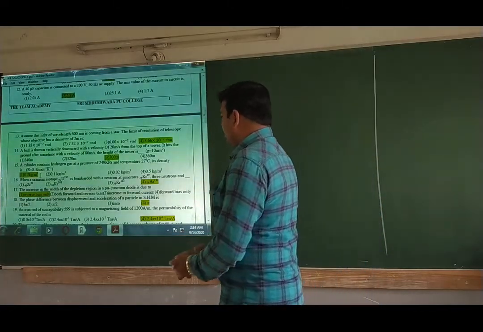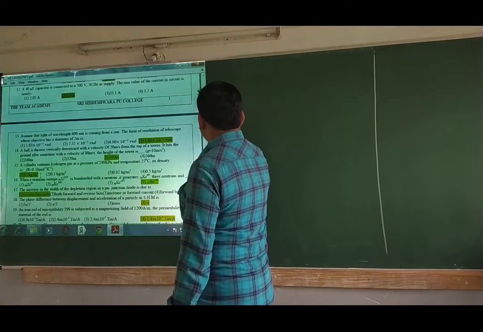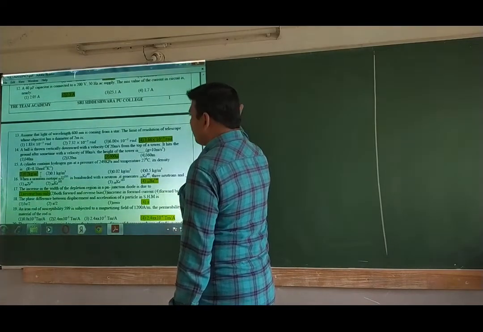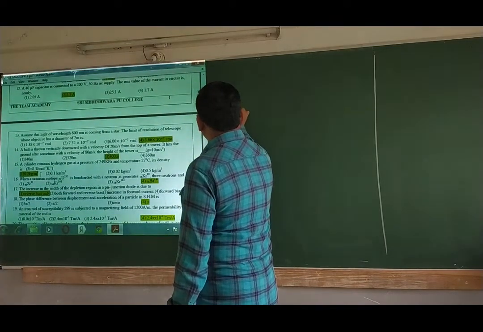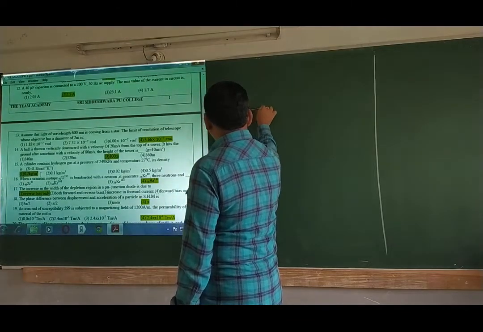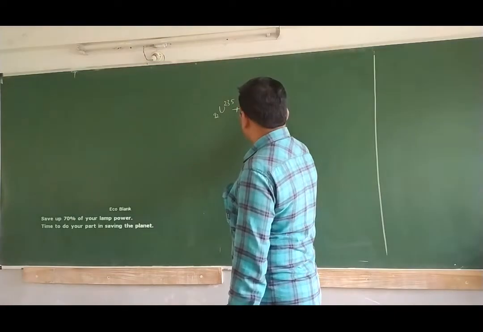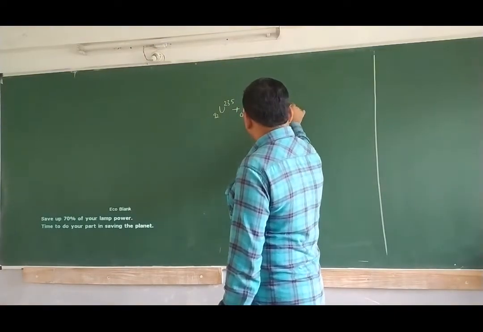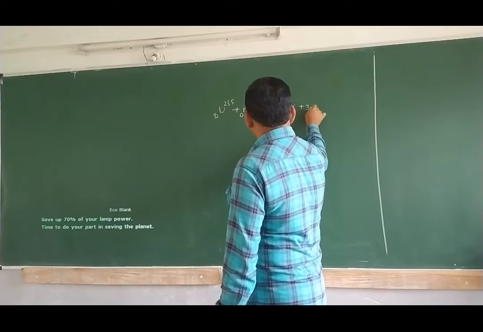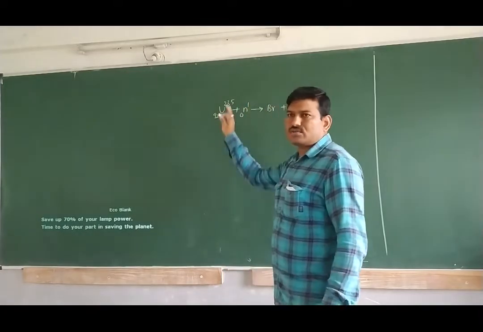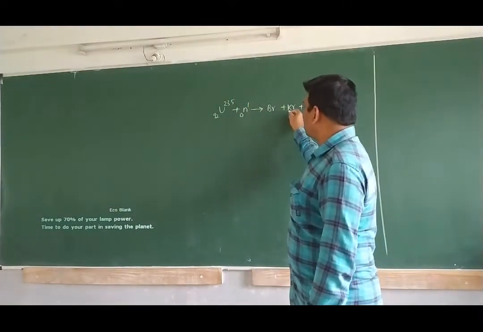They have given 92 uranium 235, no? When it is bombarded with neutron, it gives rise to barium plus krypton plus 3 neutrons. This is a known thing for us. Just you have to check the mass numbers. Is it clear or not?